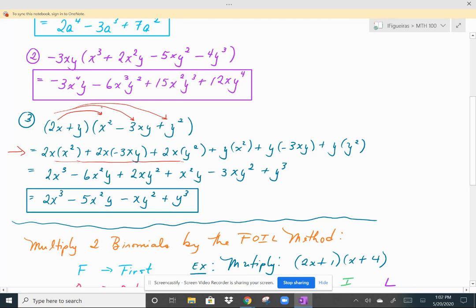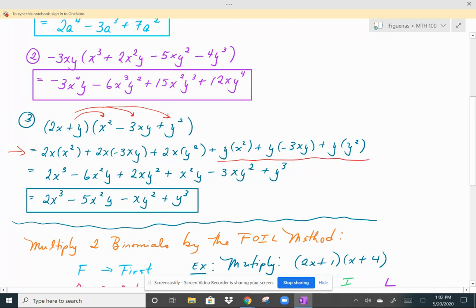Then you have to repeat the process with the y, which is the second term of the binomial, and you have to multiply y times x squared, then y times negative 3xy, so that's when you distribute the second one, and then y times y squared, so that's the work that you see here.